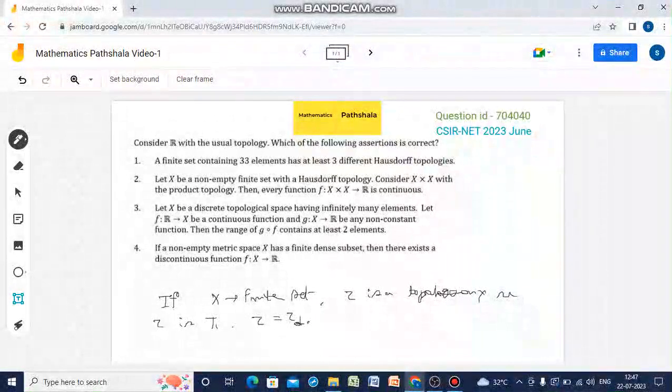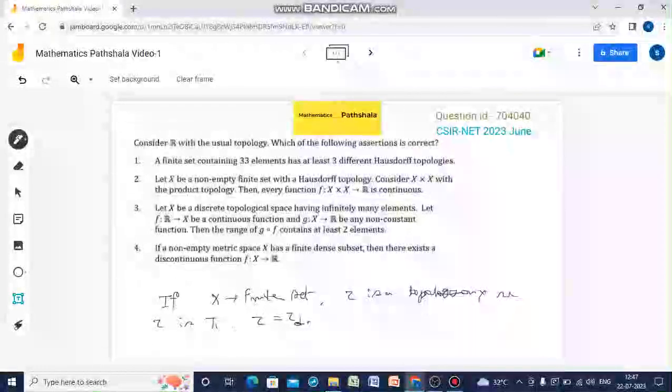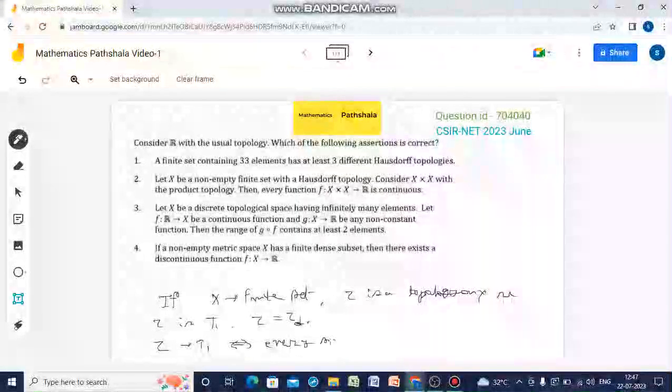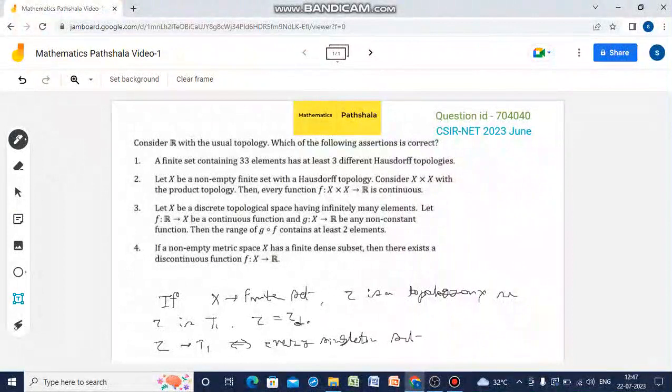See, first we know that there is a result which is an if and only if criterion for T1: any topology tau is T1 if and only if every singleton set in X is closed.